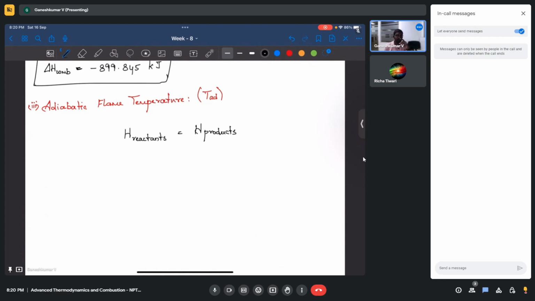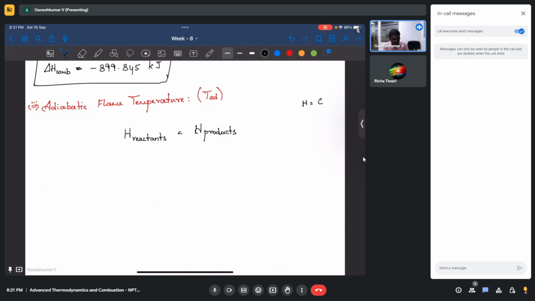The reason is that because it undergoes combustion, the atoms change. The reactants change into products, but reactants and products have different energy levels. Those energy levels give rise to an increase in temperature. Even though enthalpies are the same, temperatures will rise. That is where the definition of enthalpy comes into the picture.